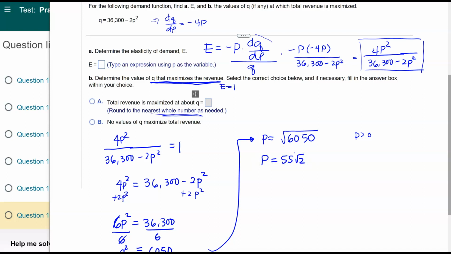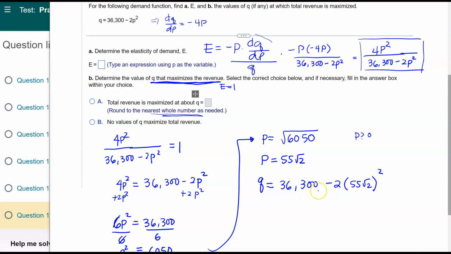Now, we are to find Q that maximizes the revenue. So we have P here, therefore we have to solve for Q. To solve for Q, you're just going to plug it into the equation here. So you have 36,300 minus 2 times, our p is this value, 55 square root of 2 squared.